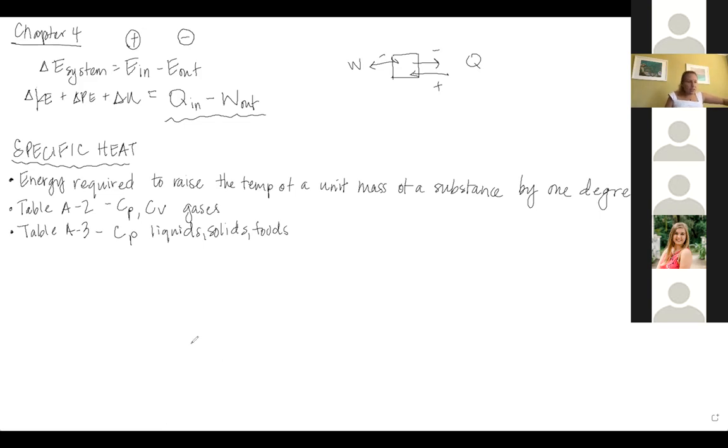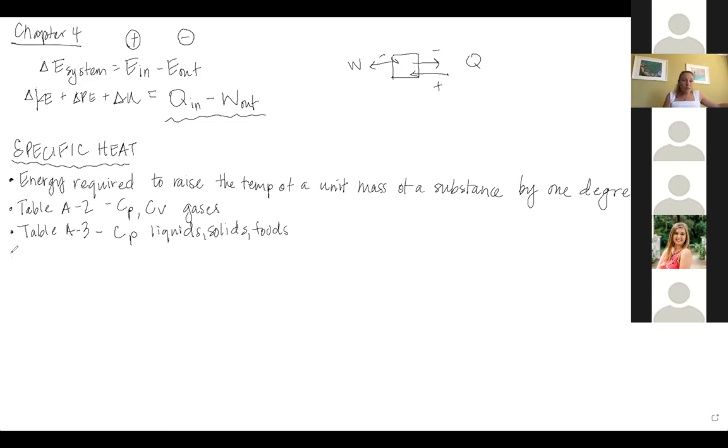And you can see in table A3, it's interesting, they give the specific heat for normal things like wood and silver, but then they also give this specific heat for things like butter, ice cream, cheese, turkey, milk, and a lot of it's based on water content, but it's just kind of interesting. Like in your thermo book, you can get information about butter and shrimp.